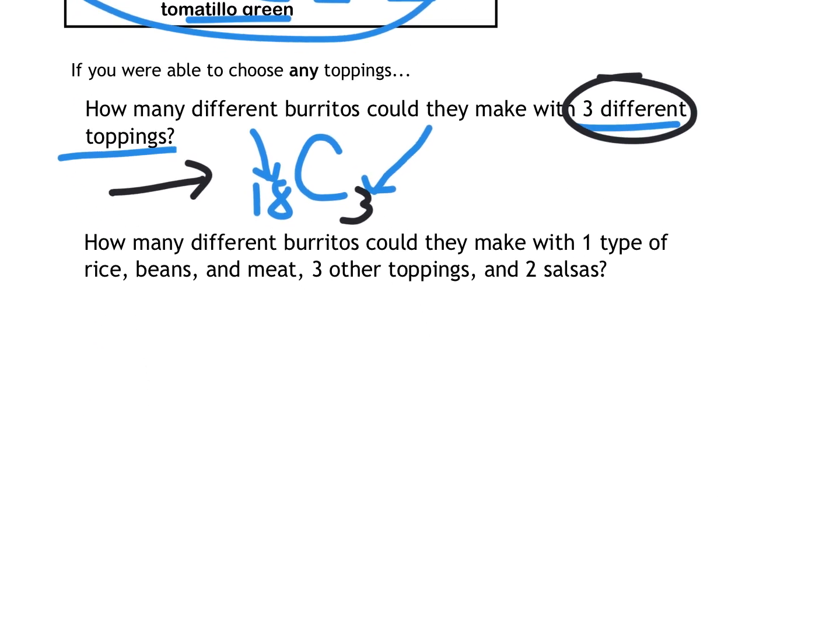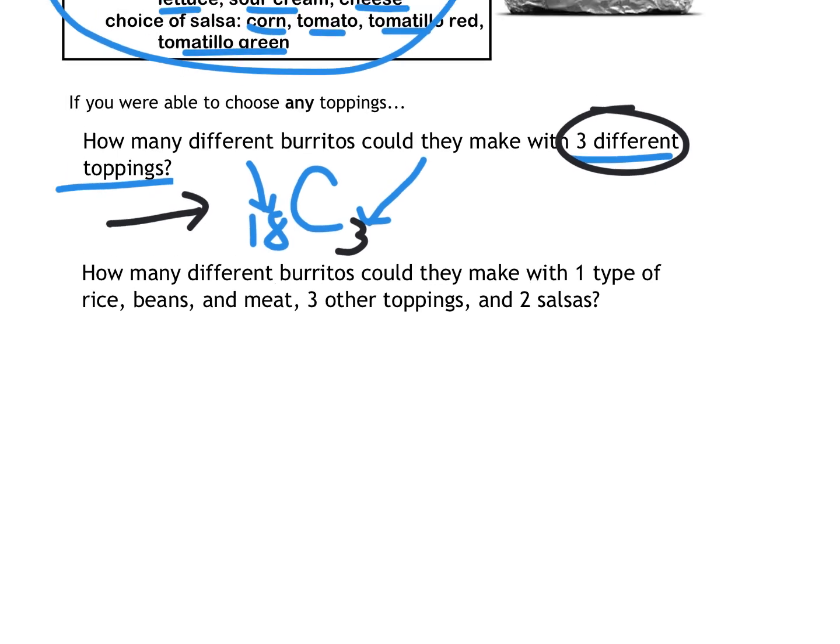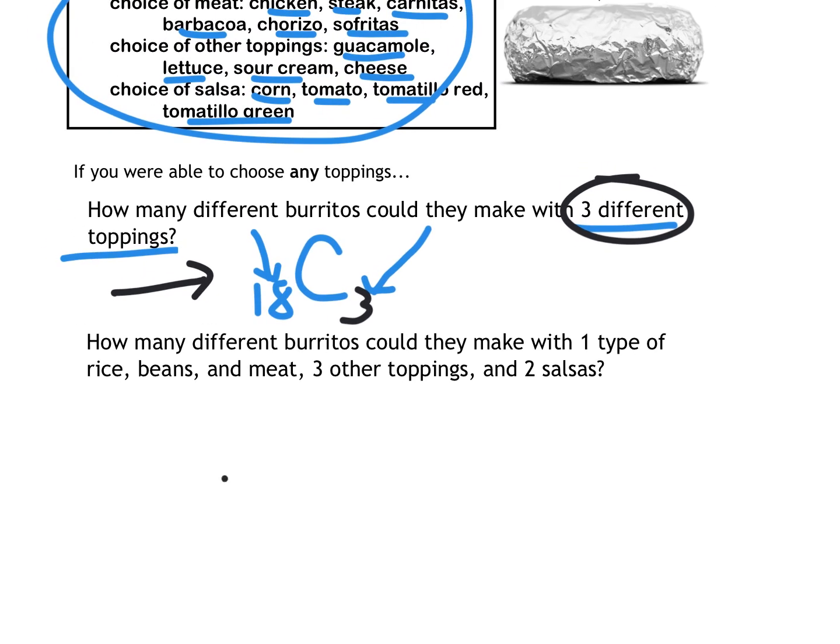So here's an example of one of the harder ones. Would you please set up the C and the C and the C, something, something, something. Set up the three C's. There's no probability here, so we don't have to divide by anything.